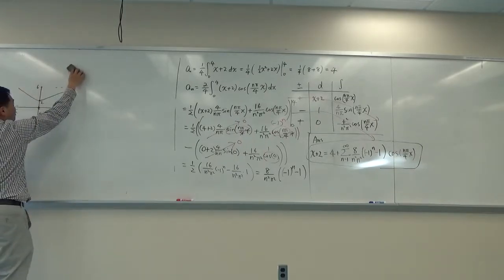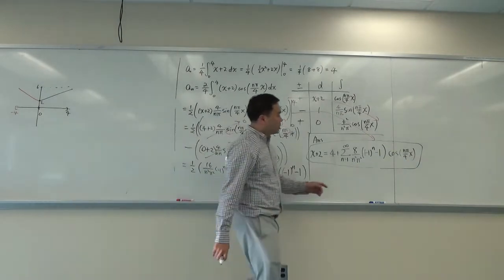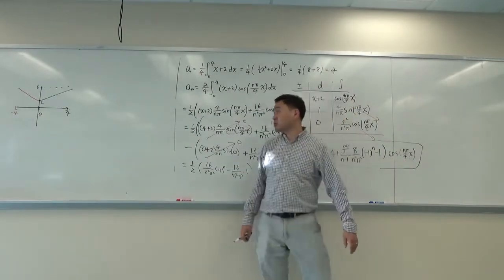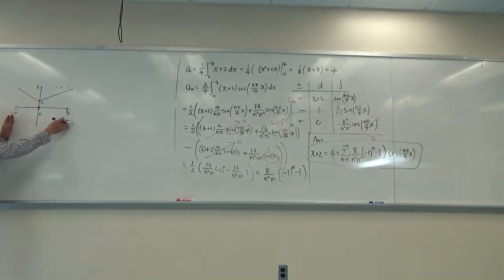I have other more interesting stuff than the proof, so I just want to skip that. But what you need to understand is that these functions, cosine n pi over 4x, are functions that have whole periods inside negative 4 to 4.